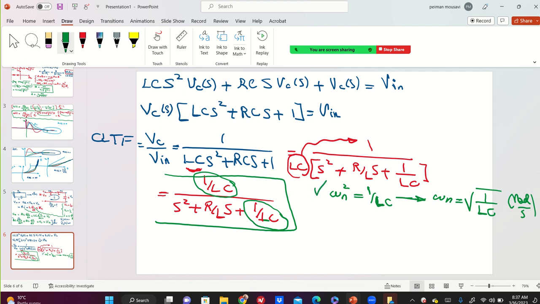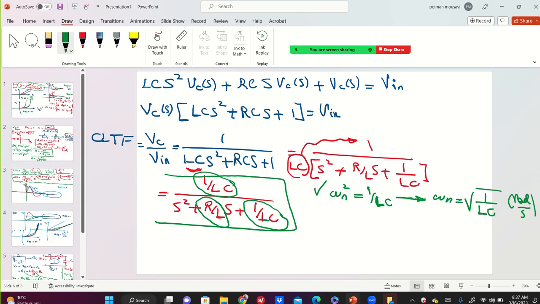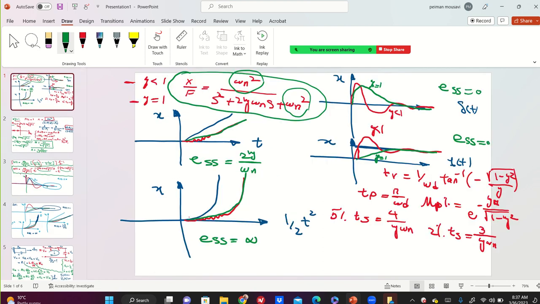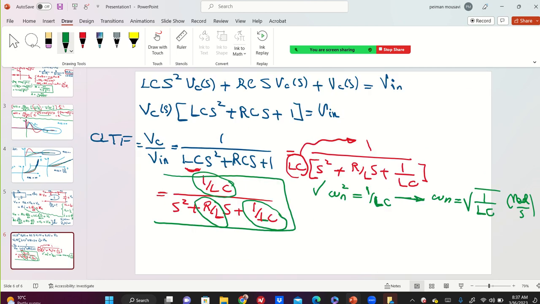Bingo. How much is R over L, as I showed you? It is 2 zeta omega n.